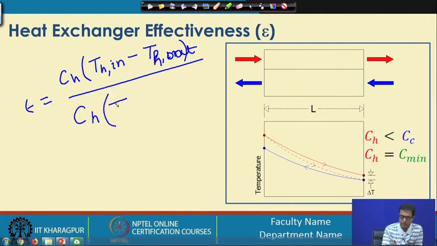So, this is nothing but T H in minus T H out divided by T H in minus T C in.